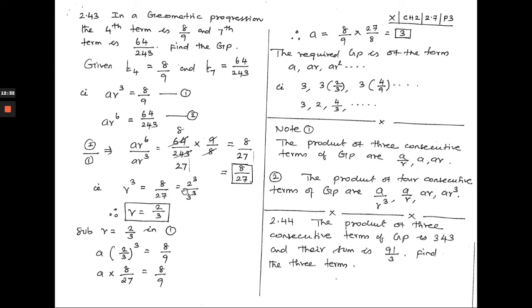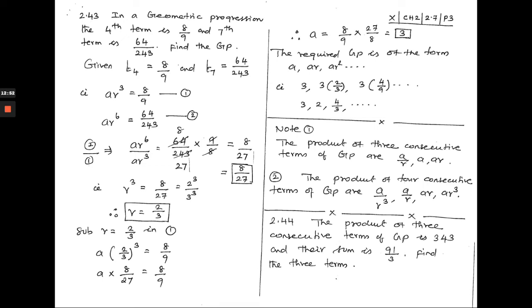8 can be written as 2 to the power 3, and 27 can be written as 3 power 3. Therefore, r is equal to 2 by 3. Substitute r equal to 2 by 3 in any one of these equations in order to find the value of a.